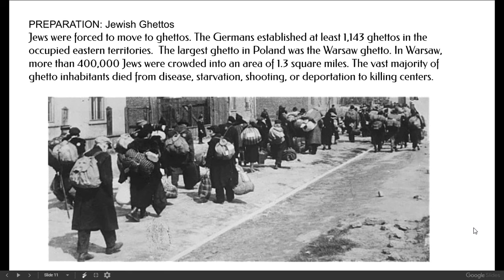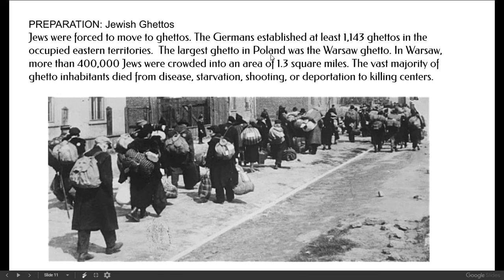And then the next stage of genocide is preparation. And so they decided to take all Jews, force them out of their homes with just a few bags that they could carry, and put them into ghettos. A ghetto was a neighborhood that was fenced off, and the Jews were to live in this neighborhood. There were at least 1,143 ghettos in the occupied Eastern Territories.